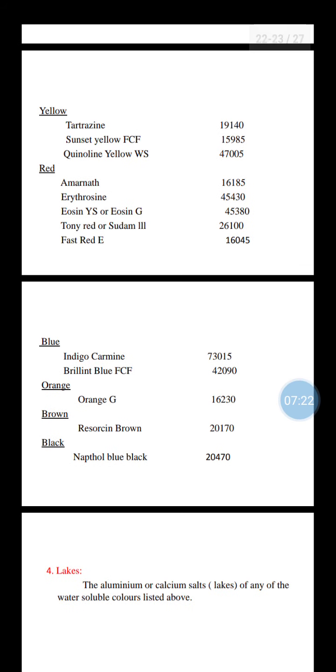In red: amaranth, 16185; erythrosine, 45430; eosine YS or eosine Z, 45380; Tonney red or Sudan III, 26100; fast red E, 16045.